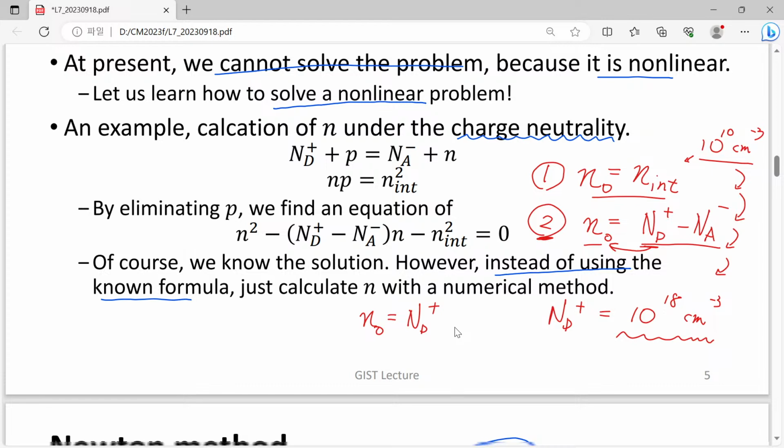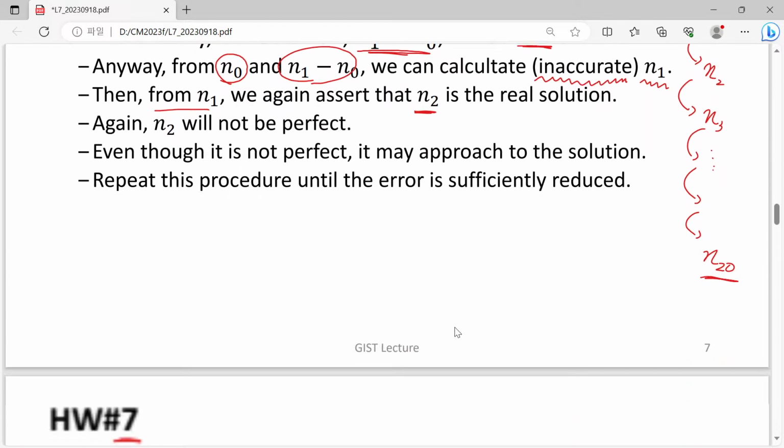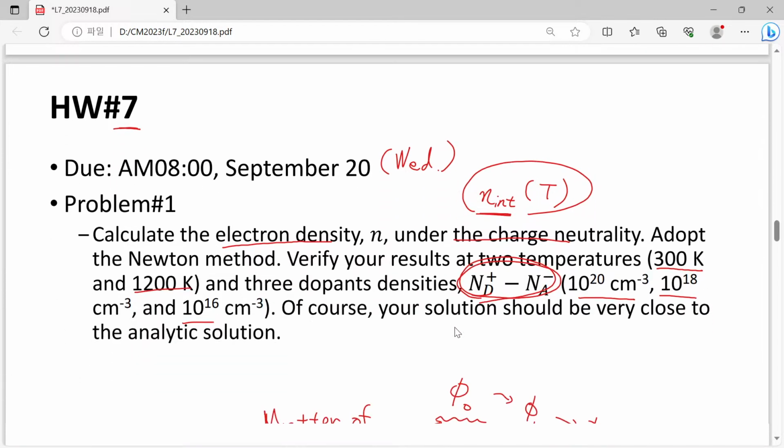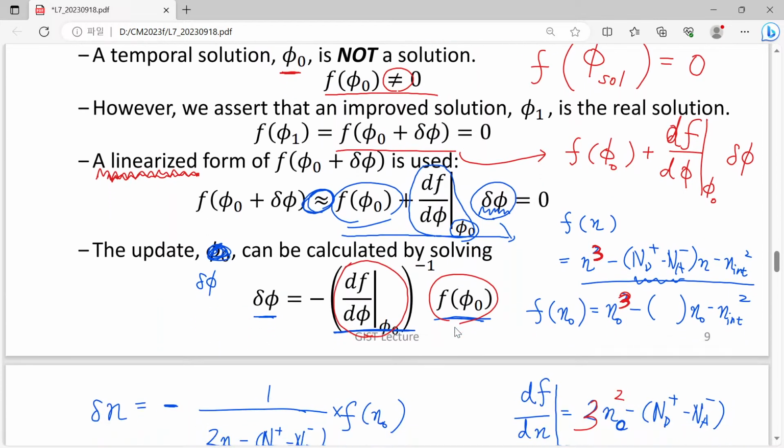So your question was a really good question. In this Newton method, the important thing is that everything is just mechanical. When you have f, then everything is automatically available: function evaluation and first derivative evaluation. Only with these two calculations, you can calculate the update.